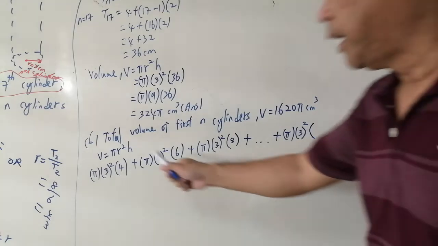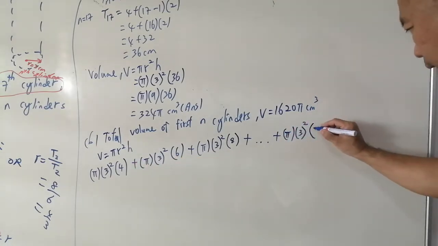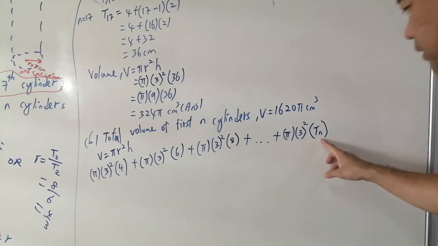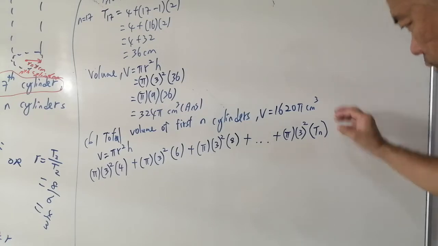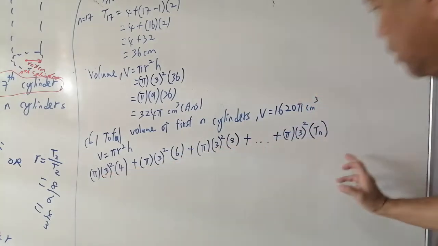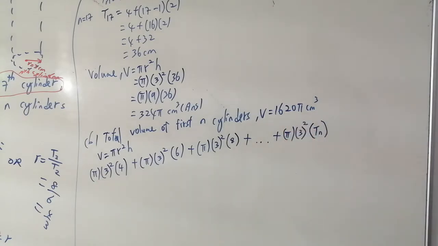Then my height is the last cylinder's, the nth cylinder, which when you sum all of this up equals 1620 pi centimeter cube. This means I need to find out the Tn for this particular cylinder. So we solve like this.